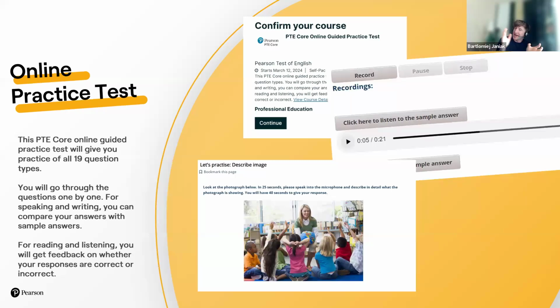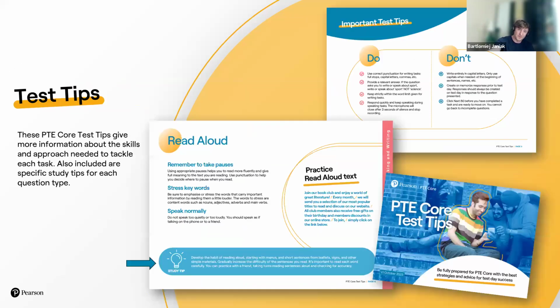So this is a very nice and gentle exposure to the question types on PTE Core, and this test is for free. Okay, so you need to go to our page and just log in, and you can take the test to see how it feels to go through the PTE Core question types.